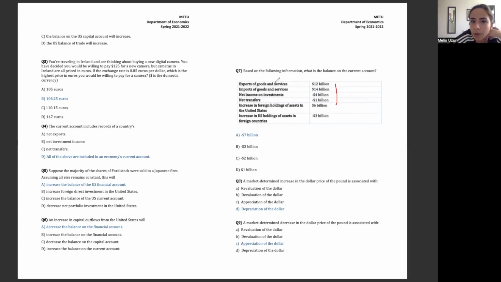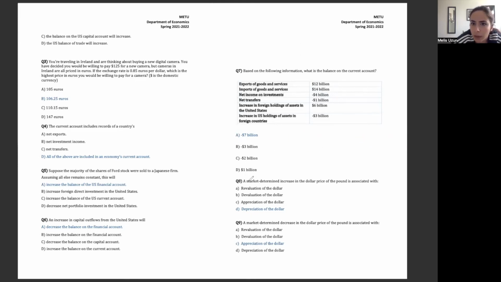Exports of goods and services are 12 million minus imports of 14 million. Net income on investments is minus 4, and net transfers is minus 1, so it is equal to minus 7. Let me check. Minus 2, yes, it is equal to A.